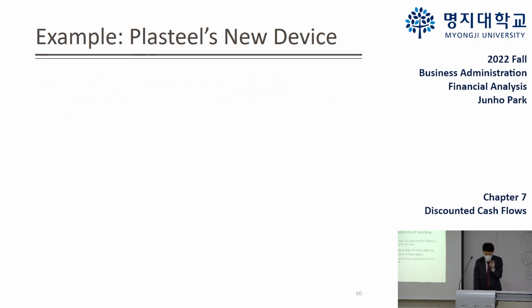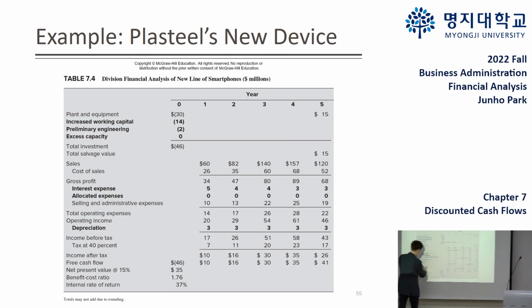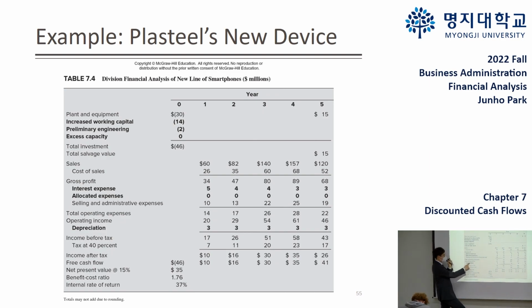So let me go back to the previous projection at the beginning. Before we calculate the tax expenses, we take the depreciation out of our operating income. Therefore, our operating income is reduced by as much as our depreciation, and as a result, we don't have to pay a lot of taxes.